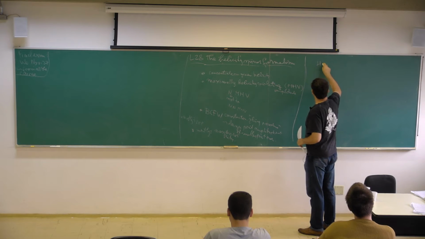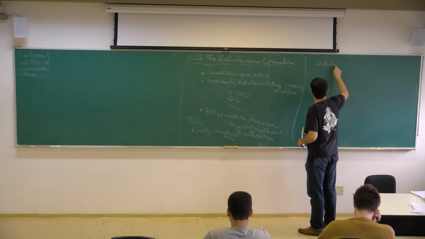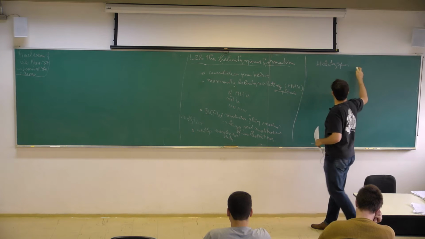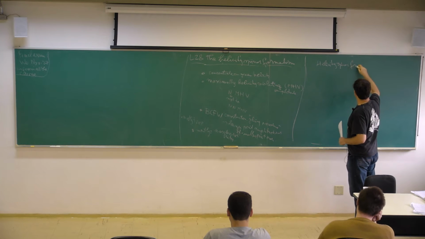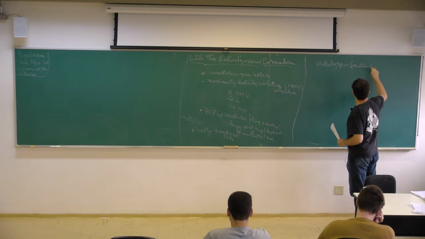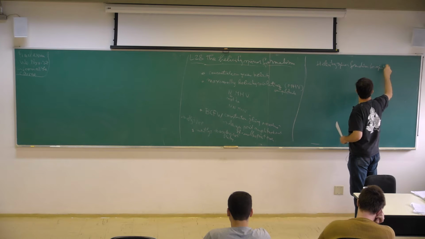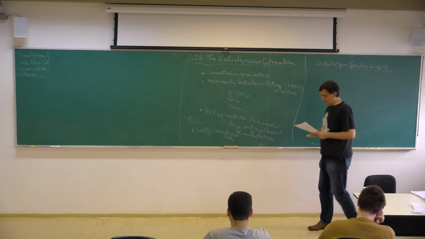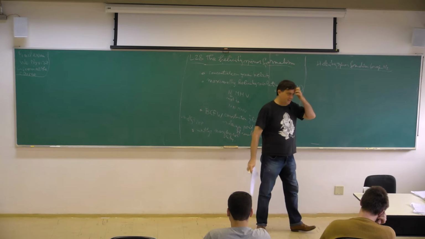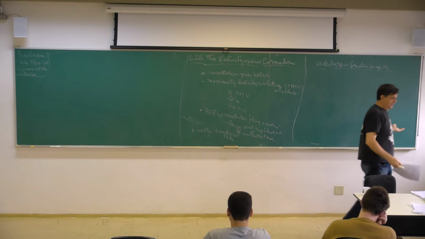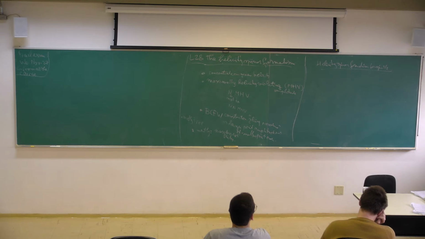So let's say the helicity spinor formalism for spin a half. We will start with spin a half because it's easiest, and that's how we historically started.